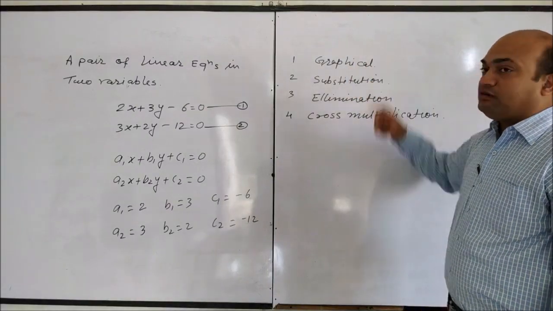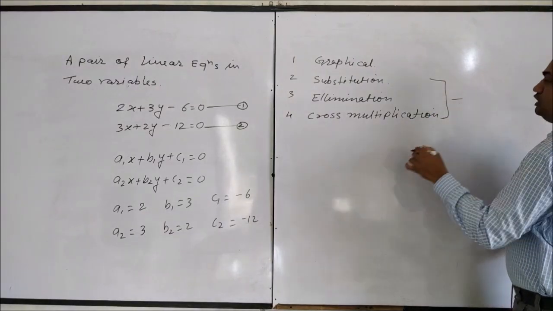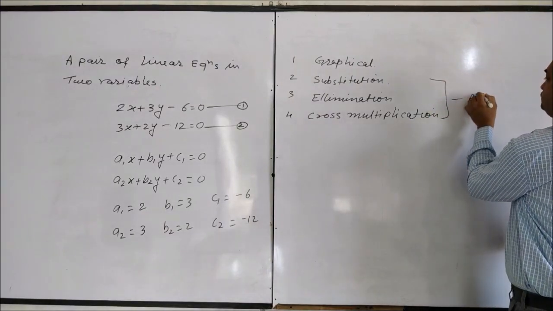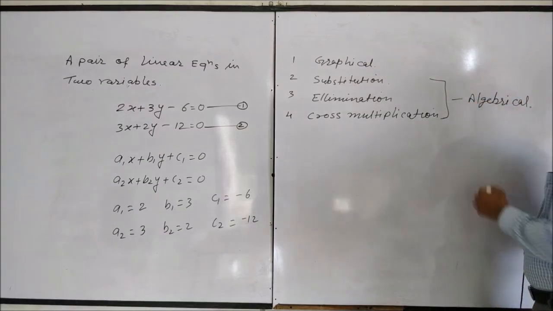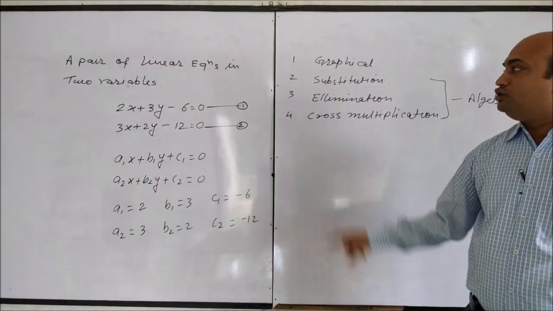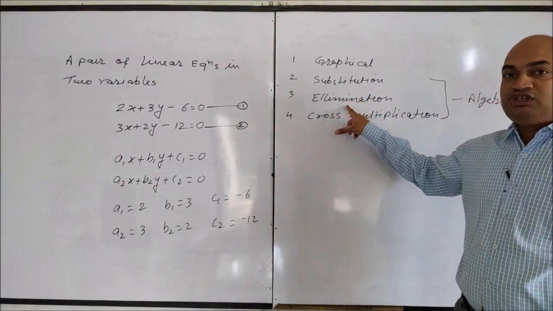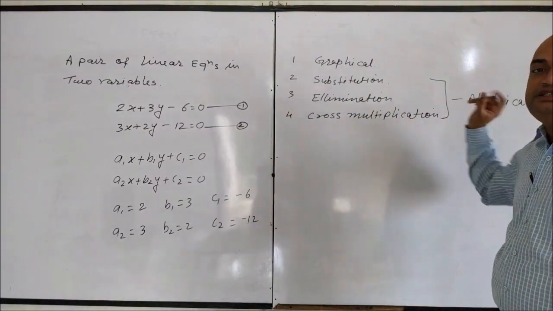This is the graphical method, and these 3 are algebraic methods. The first one is the graphical method, and the 3, that is substitution, elimination and cross multiplication, are algebraic methods.